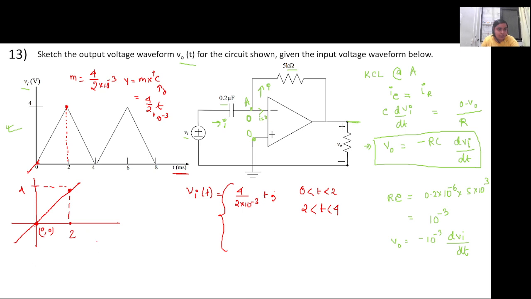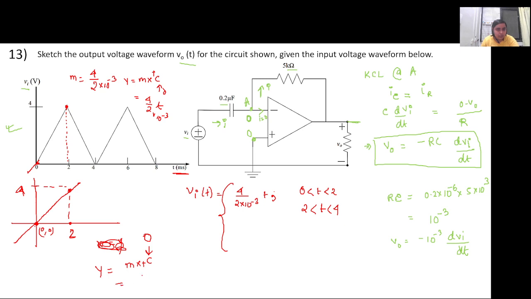The equation of this line is actually x equal to y. But since these two coordinates are not the same, this is 4 and 2, the slope of the line will be different. So if I write y equal to mx plus c as the equation, since it is passing through the origin, there is no y-intercept, so it is 0.